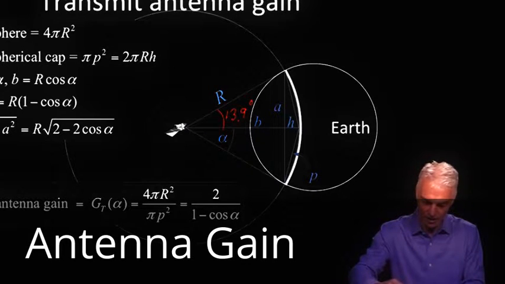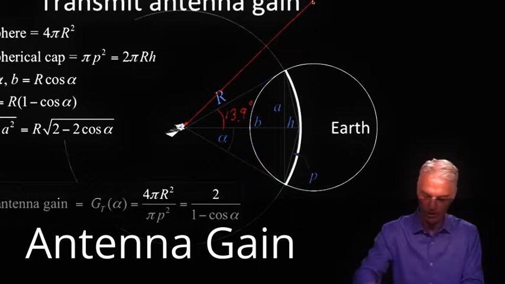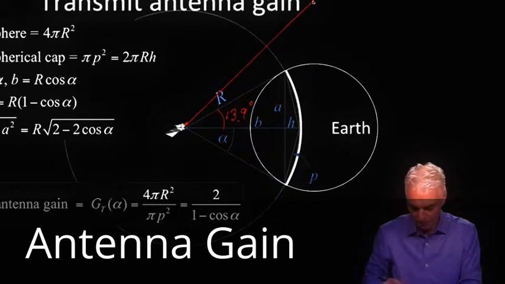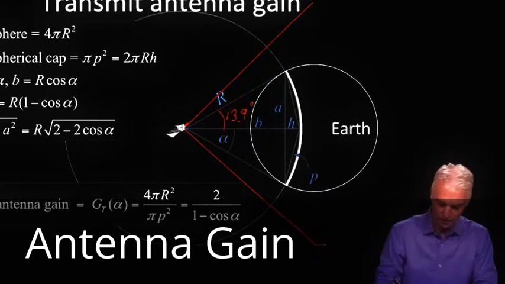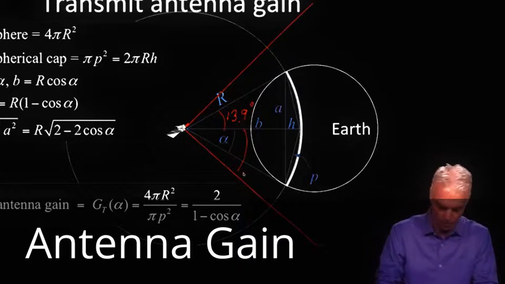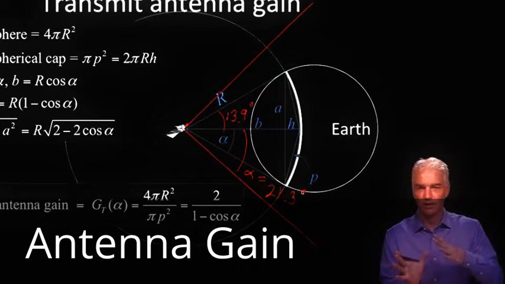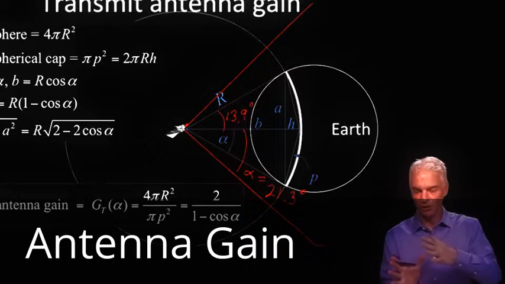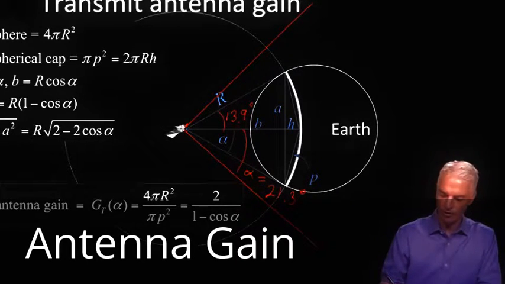It actually has a slightly wider spot, which we'll draw on this diagram, like this. And so the actual alpha for GPS is 21.3 degrees.